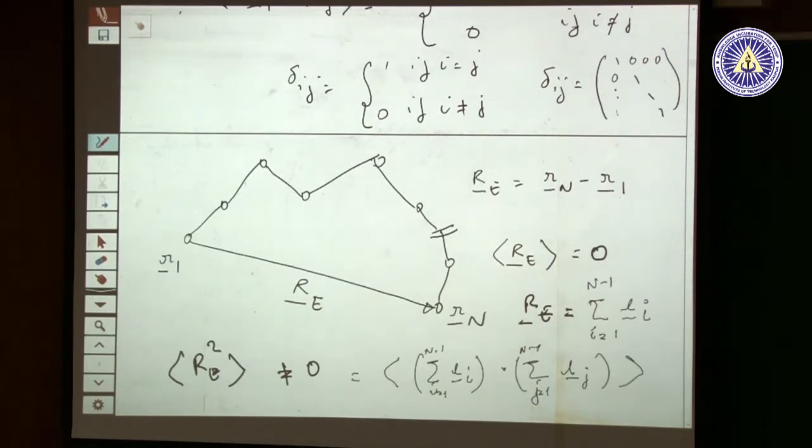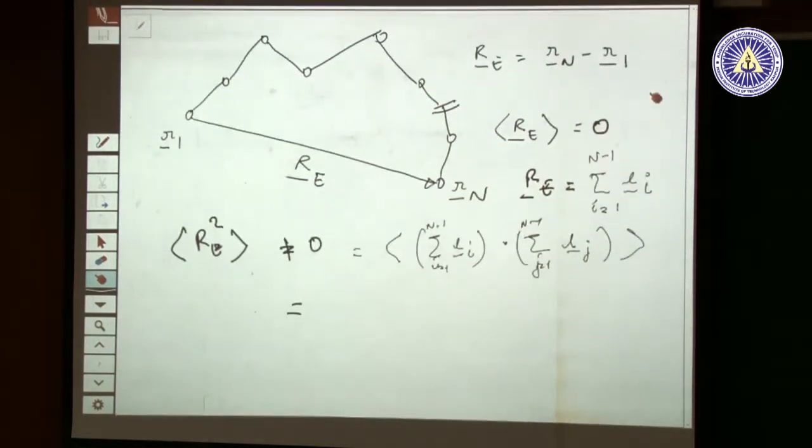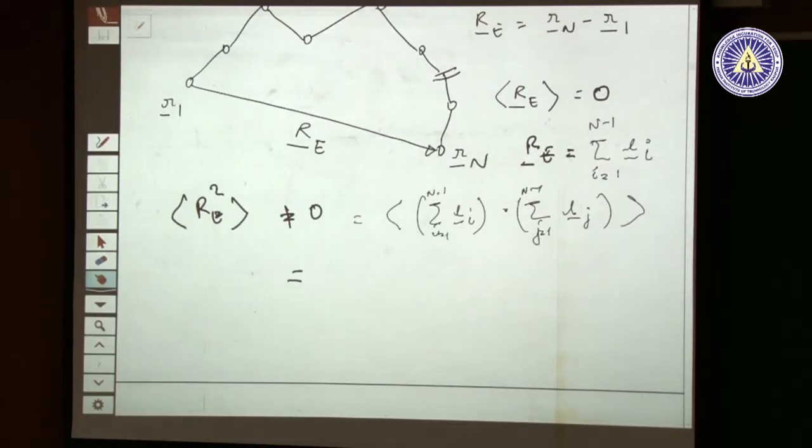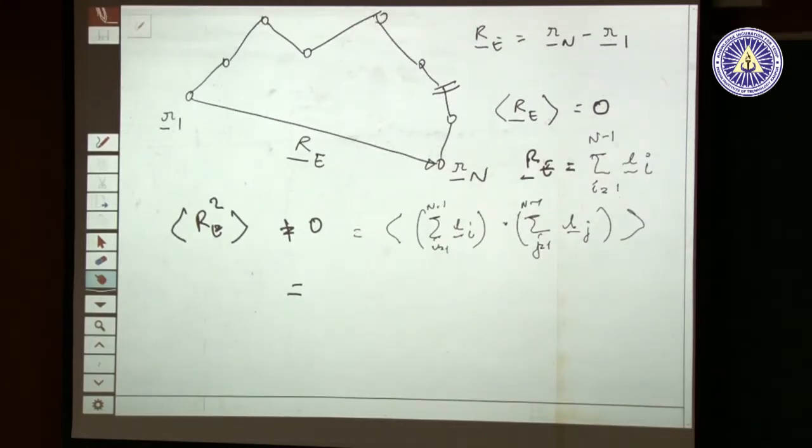And now I am just going to do some algebra. I will bring the sums out, so there is a sum over i and a sum over j, and I will not write the bounds of these sums because it should be clear from the context.